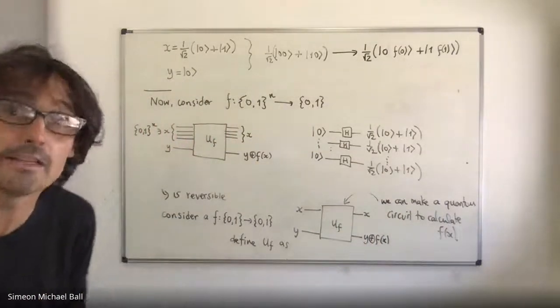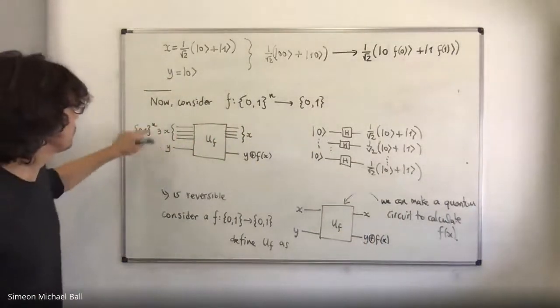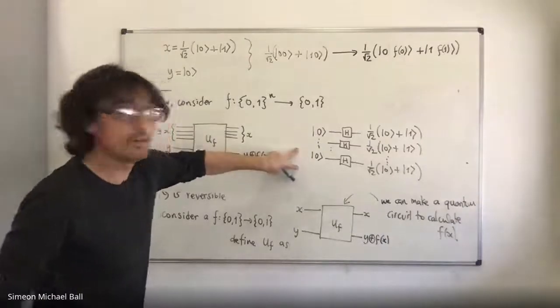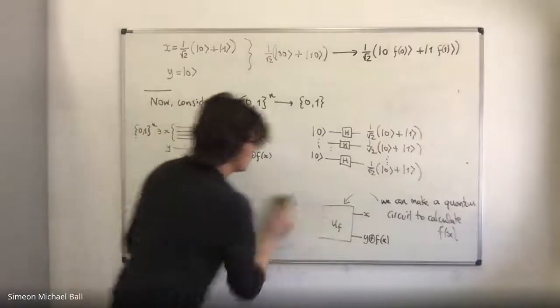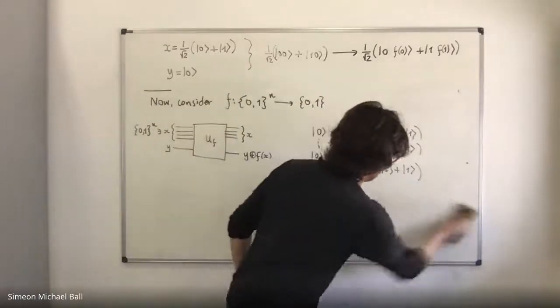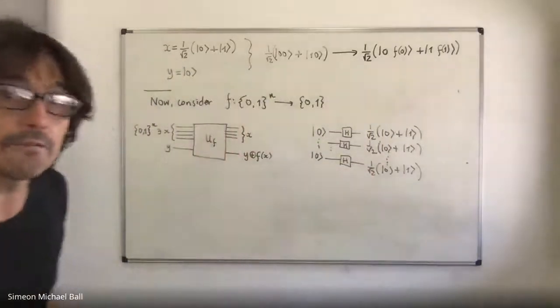So if we start with zeros and apply a Hadamard to all of them, what we end up with will be our first n bits.